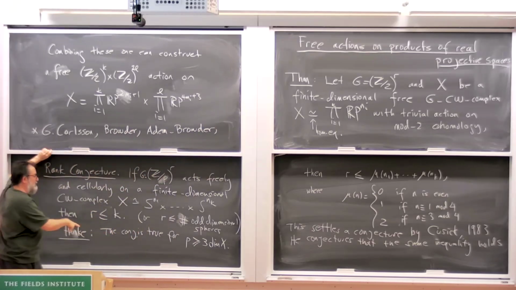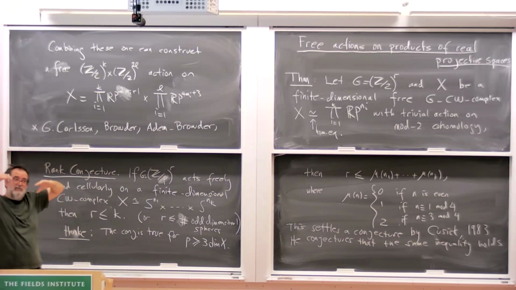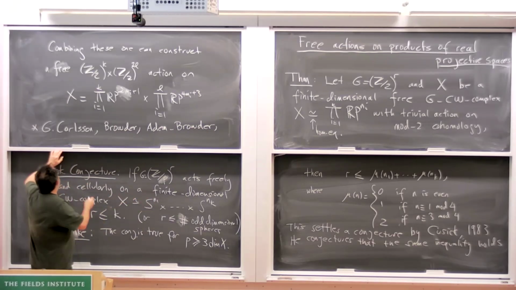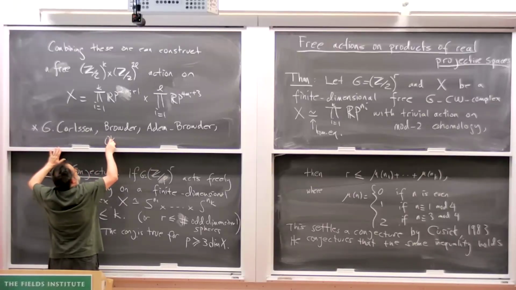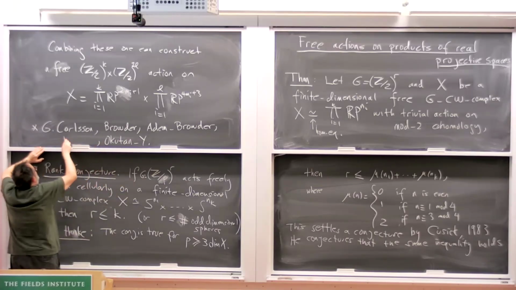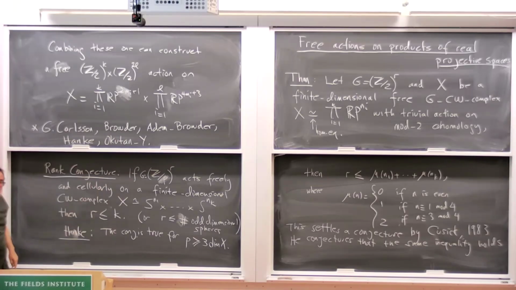We also have a result on this. We prove this conjecture for the case that the average dimension of the spheres is much larger than the differences between the spheres. So we have a result with my student Okutan, but Bernhard's result is very general and nice.